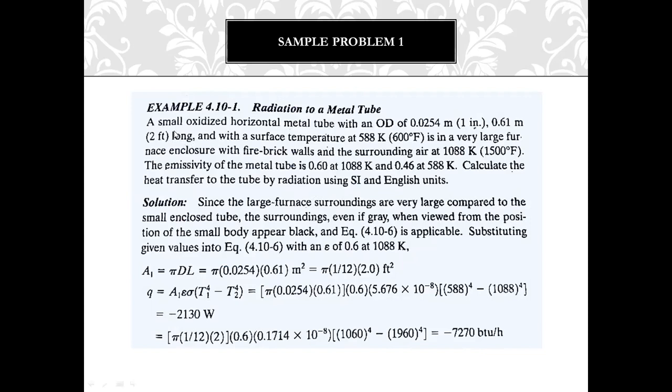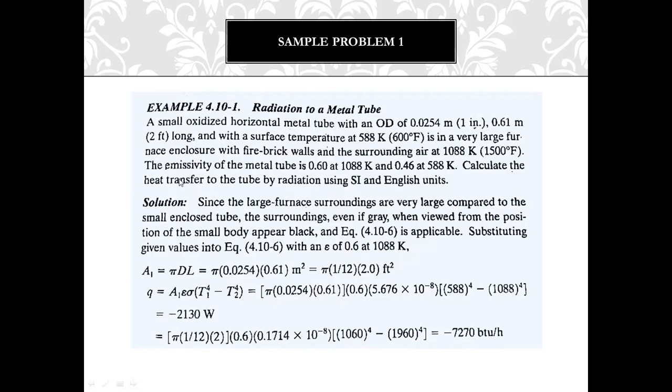So we'll start with radiation to a metal tube. Take note: a small, oxidized horizontal metal tube with an outer diameter of 0.0254 meters, 0.61 meters long, and with a surface temperature of 588 Kelvin is in a very large furnace enclosure, with fire brick walls and surrounding air at 1088 Kelvin.